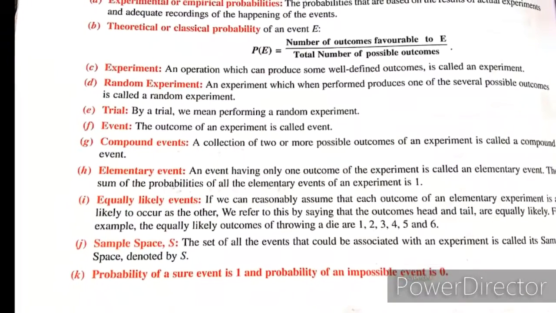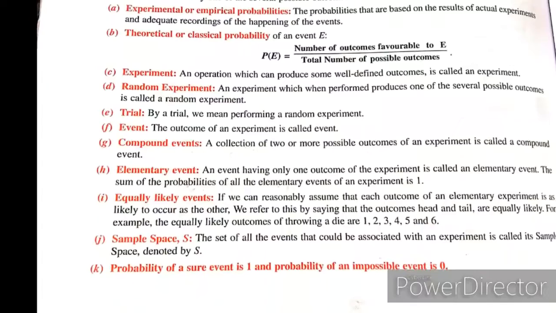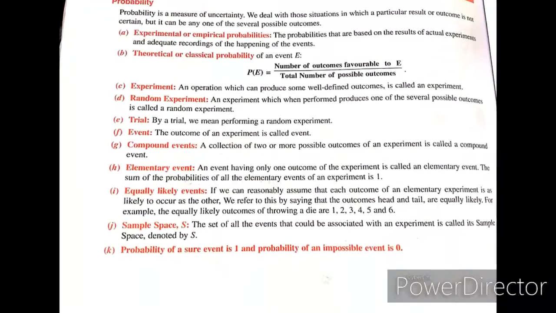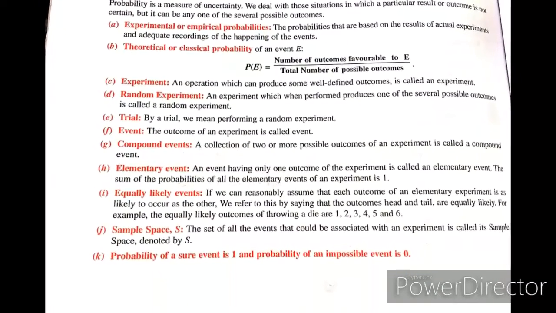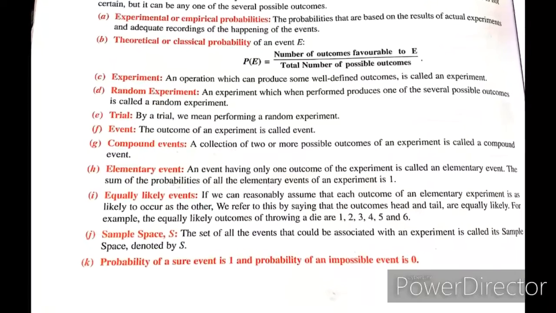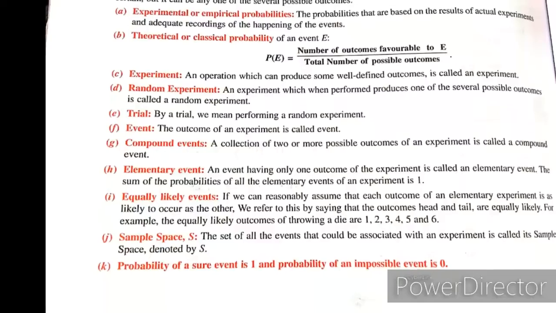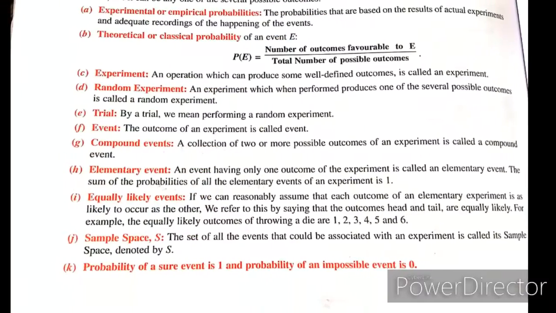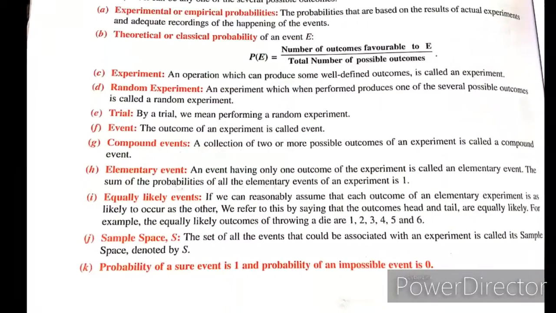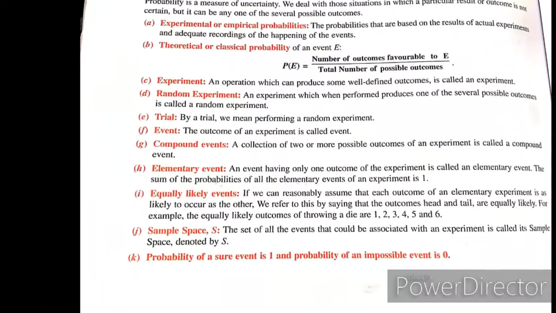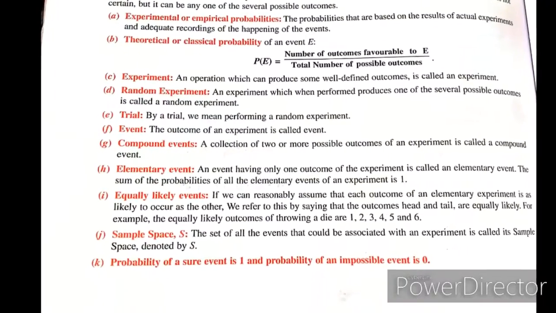For example, when we throw a die, the probability of getting the number 3 on the top face is 1 by 6, and the probability of getting number 5 on the top face is 1 by 6. Like this, whatever events we have whose probability is 1 by 6 will be called equally likely events.